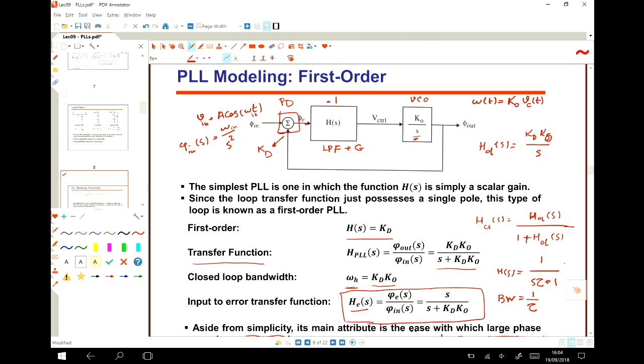And then, instead of omega of t, I write d phi over dt equals Ko Vc of t.